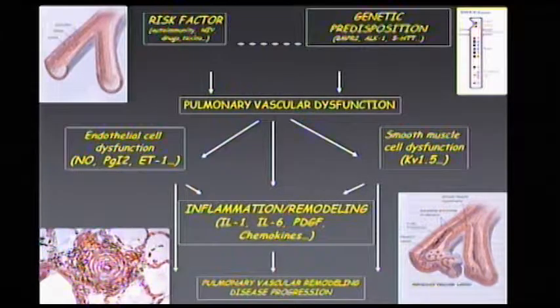So this is the cartoon explaining how group 1 PH occurs in most patients. Those patients have some kind of genetic predisposition. Many have BMPR2 mutations. This is a TGF-beta related gene, and some have other TGF-beta related gene mutations like ALK1 mutation.